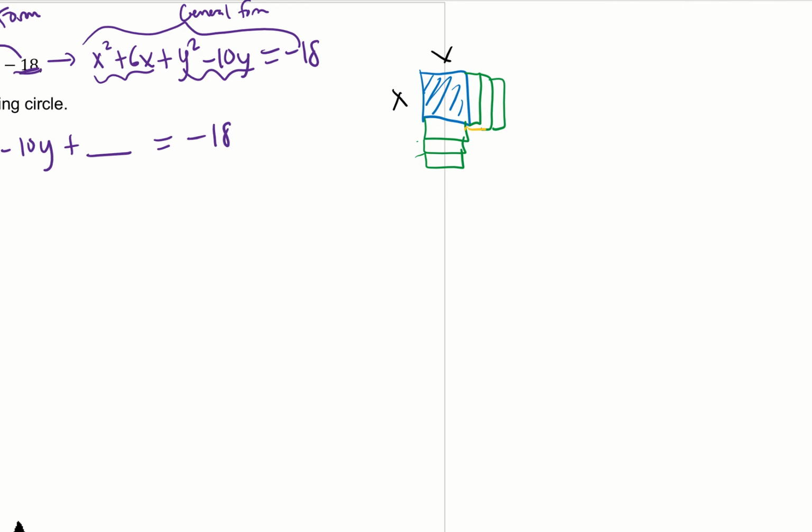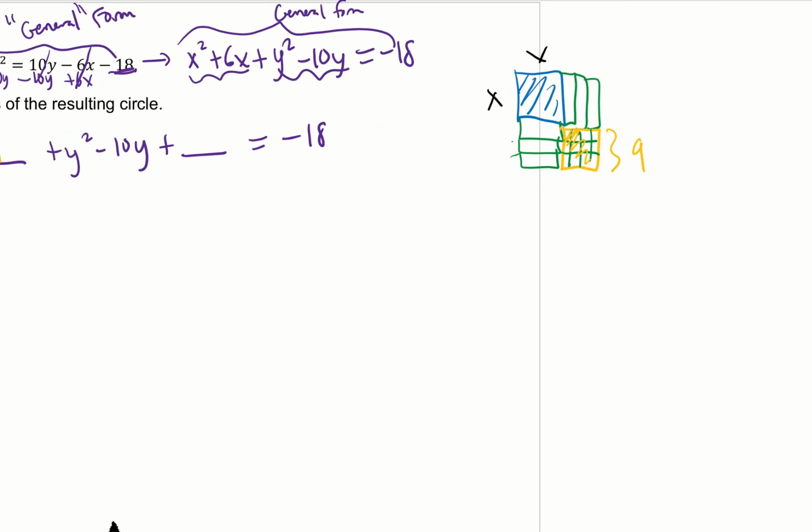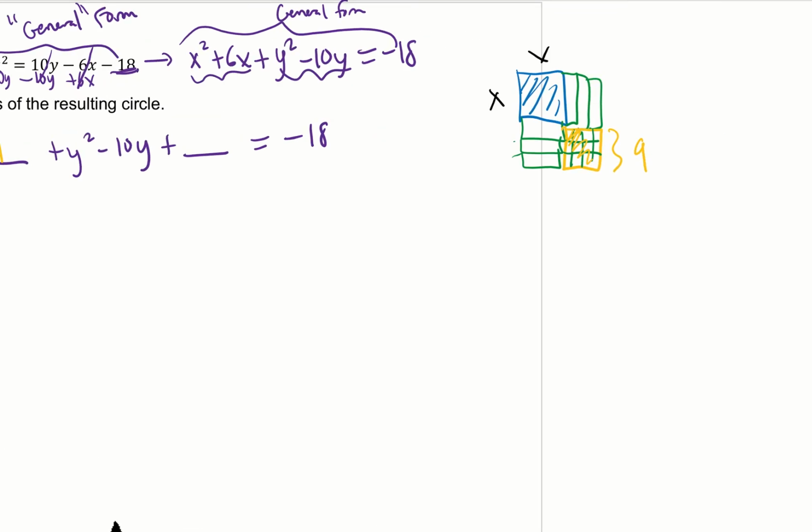That means you're going to have a total of a 3 by 3 in terms of the yellow squares, which is a total of 9. And on the outside, this is x plus 3 because you got 3 of these, and this is x plus 3 because you got 3 of those.